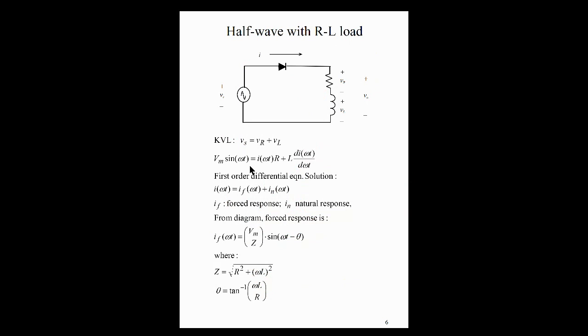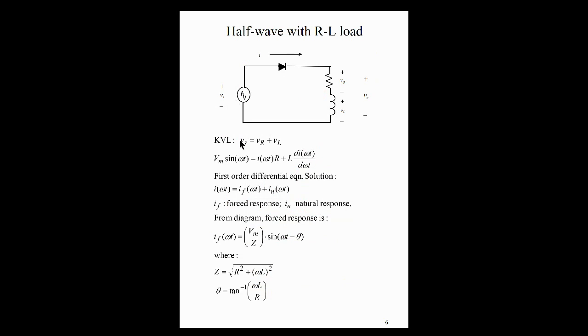it's our circuit, and we're going to apply Kirchhoff's voltage law around this loop. So the input again is Vm sine omega t, this sinusoidal input. Going around, we have the voltage drop across the resistor and the voltage drop across our inductor, and of course this is equal to the input.